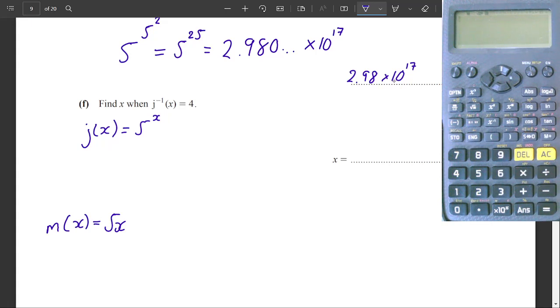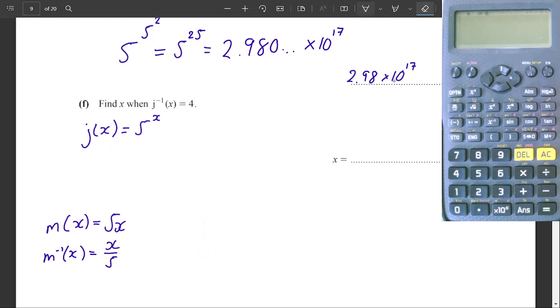Meaning the inverse of m would be: y equals 5x, divide by 5, swap the x and the y, that would mean it's x over 5. See the inverse? Instead of multiplying, now we're dividing.